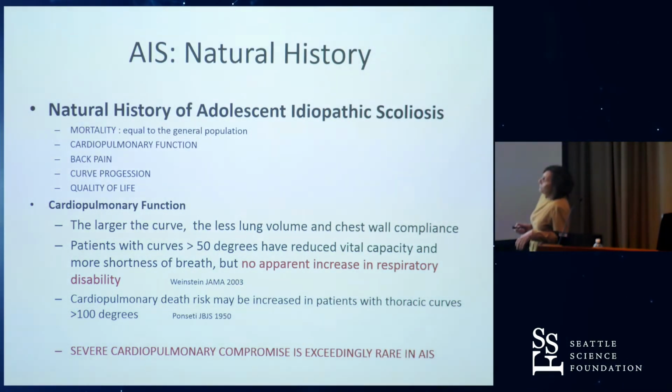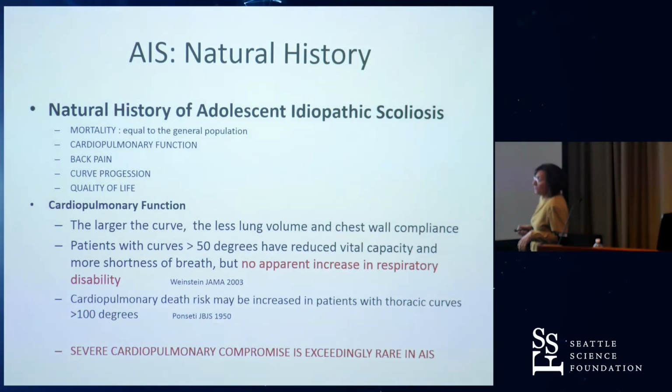But out of Weinstein's paper in 2003, they looked at patients with curves 50 degrees or more, and they did have some reduced vital capacity and some more shortness of breath compared to controls, but they did not think that it had any apparent increase in respiratory disability. They thought these patients functioned pretty well. They thought that cardiopulmonary risk was really much more an issue when curves were very large, 100 degrees.